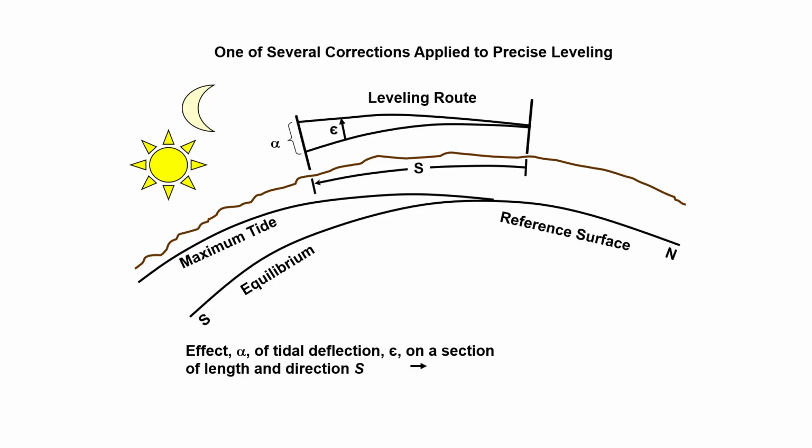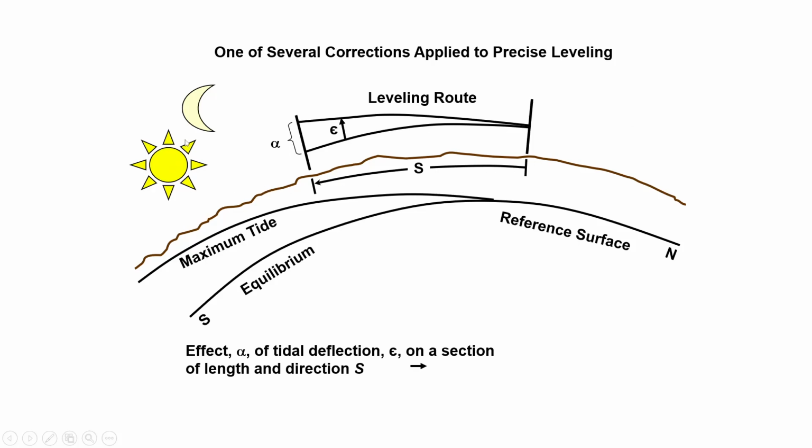It's a kind of tidal deflection, epsilon on a section of length and direction S. Well, it's a very sophisticated technique, which means changing the elevation difference because of maximum tide.